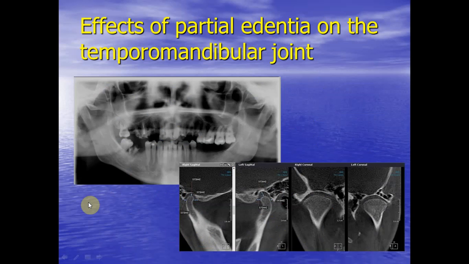The slide shows that we can check the position of the condyle, the head of the mandible in the joint, sometimes with OPG. Sometimes we have machines which can show us the joint, but nowadays we have a better instrument, which is 3D imaging like cone beam CT scan, and this helps us to see the real position of the condyle in the joint and even to do measurements.